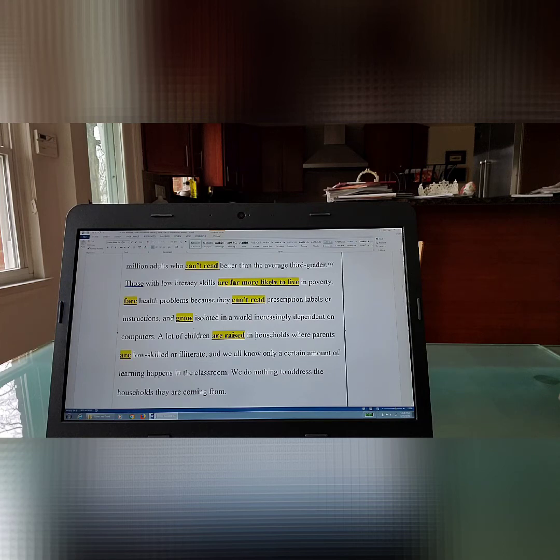So know is the verb phrase there, and it's by itself as an action. So we're going to underline that, and we're going to put that in bold. Only a certain amount of learning happens, right?